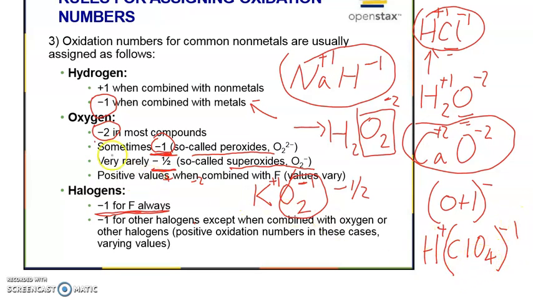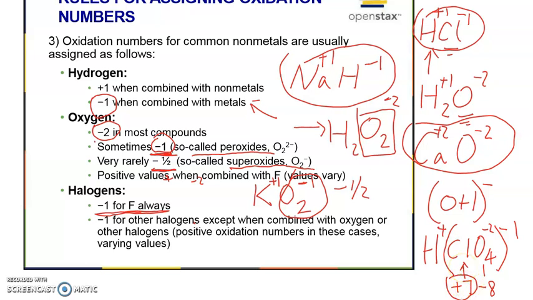Since oxygen typically carries a -2 charge, each oxygen should be -2. If you add them up, over here you should have -8. What will be the one for Cl? Because Cl and the 4 oxygen should add up to be -1, therefore the chlorine will be +7. So it is not a -1 anymore.